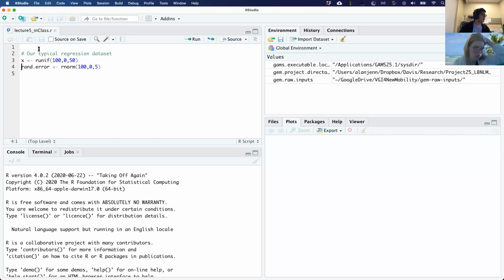So 100 randomly selected X points between 0 and 50. We're going to introduce some random error, which is a normal distribution, mean of 0, standard deviation of 5. And then we're going to create our Y via this function.